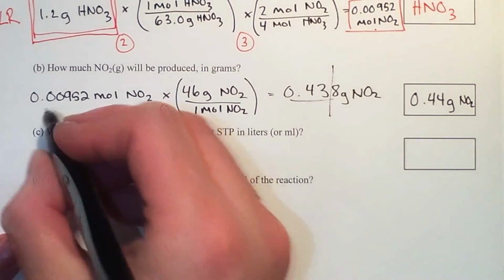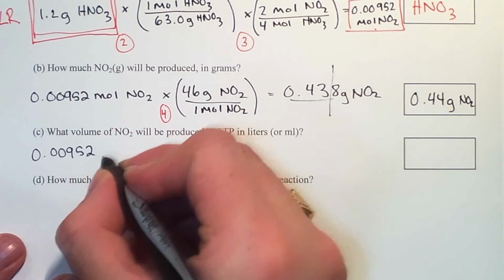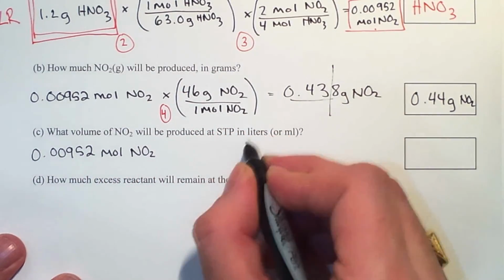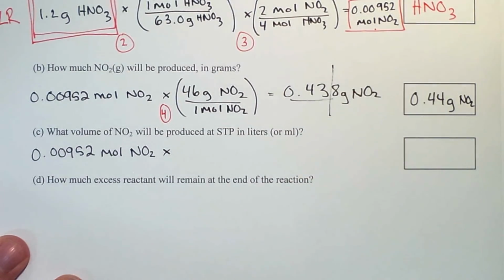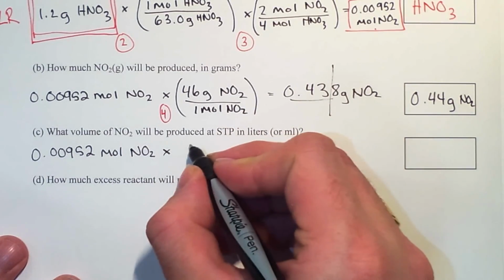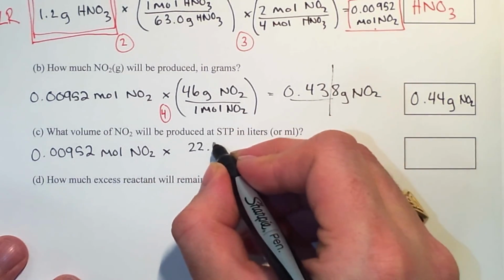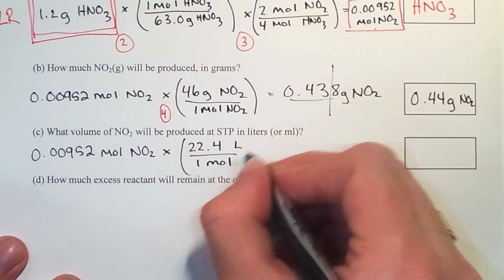What volume of NO2 would be produced? Well, once again, we can use that number that we picked earlier, and it's at STP, so that's 0 degrees Celsius and 1 atmosphere of pressure. Standard conditions. So the conversion using the molar volume is 22.4 liters for every mole of gas.